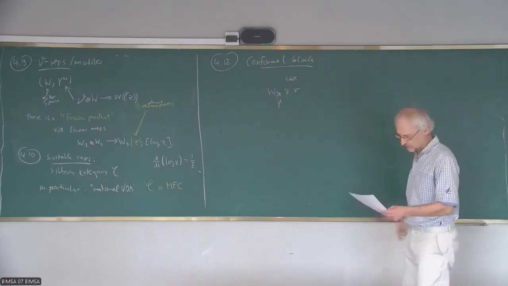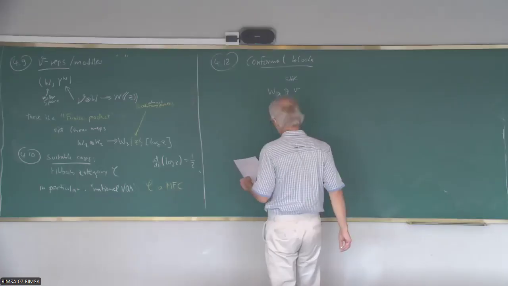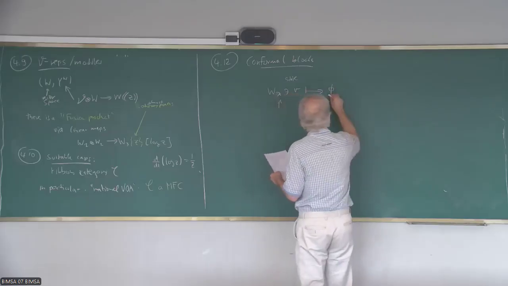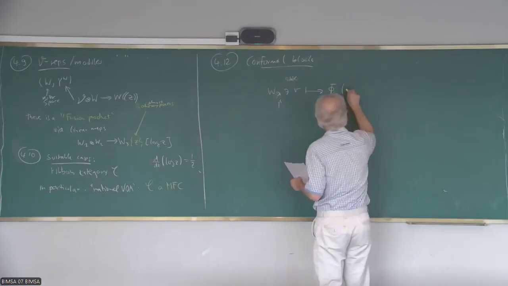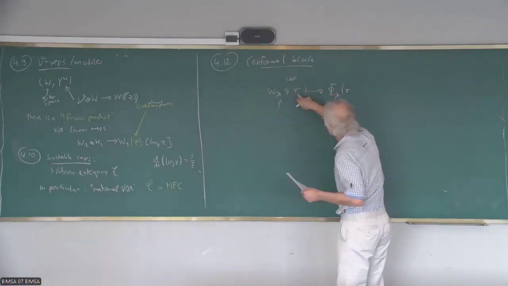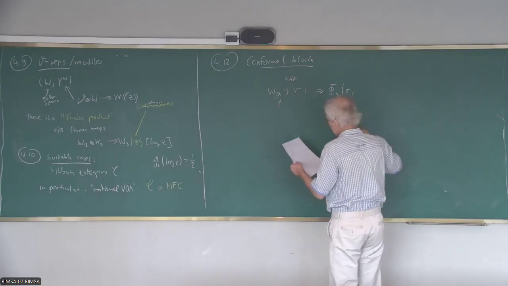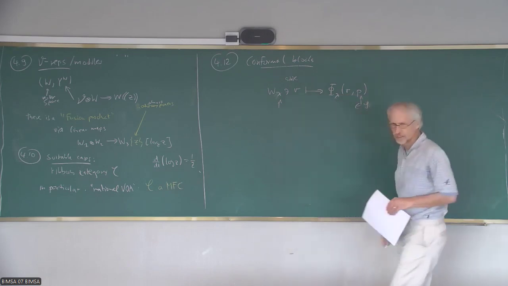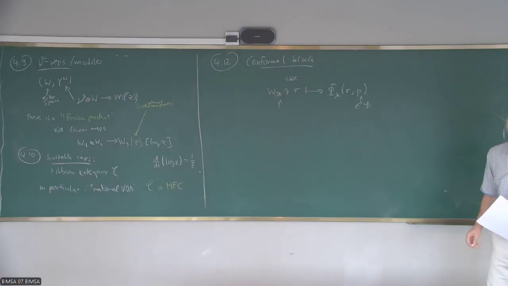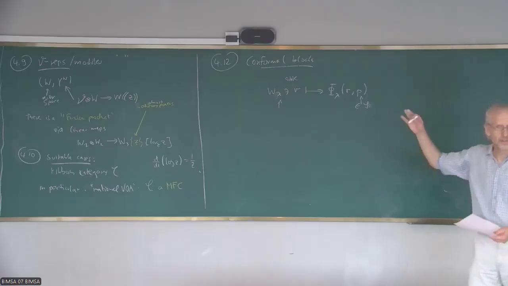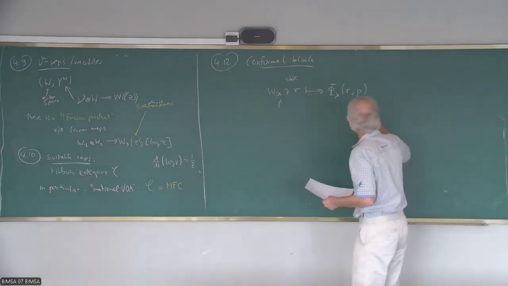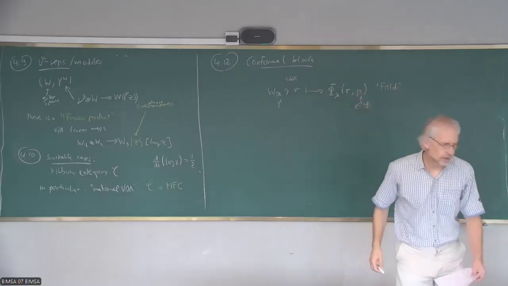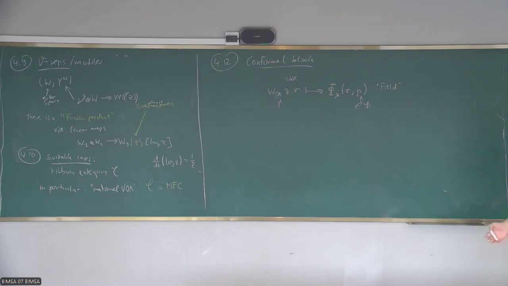In the rational case, it's without loss of generality a label for a simple field, and I want to associate to this some phi lambda, which depends not only on lambda, but also on this vector v, and in addition on a point p on the worldsheet, which I will denote by S. And this is called a field, and depending on your approach to quantum field theory, this can be a lot of things.